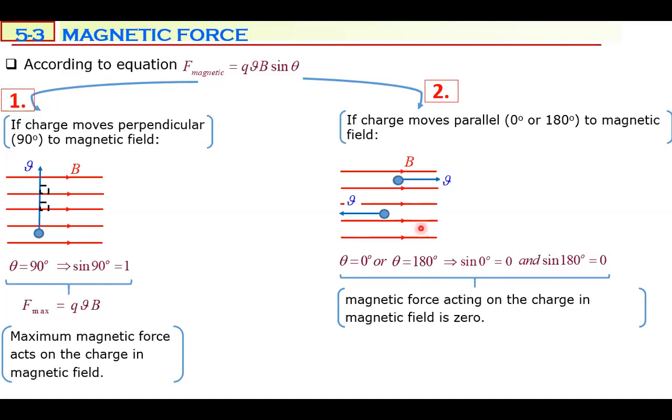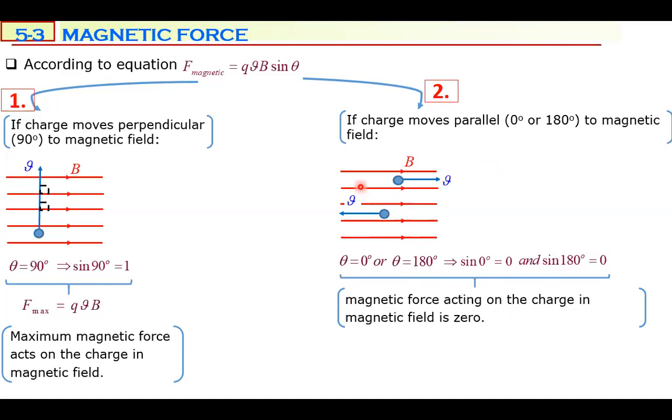If the angle between the velocity vector and magnetic field is 0 or 180, the charge will be moving parallel to magnetic field lines and there will be 0 magnetic force.